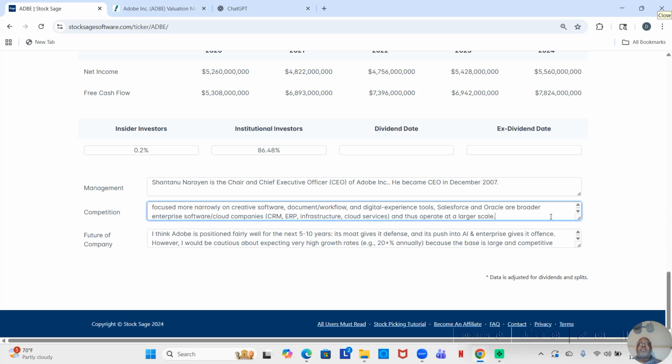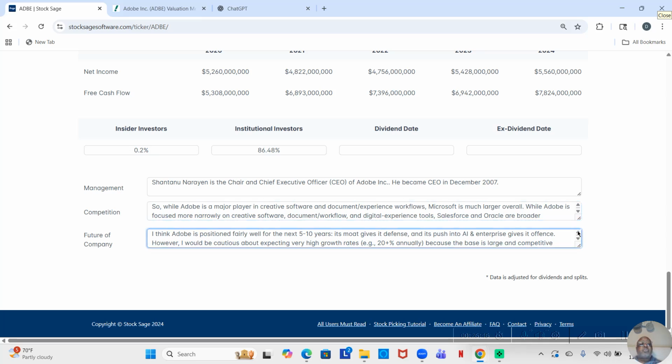Because when you're researching these companies, you want to know what other companies are in their industry and sector and which ones are the top ranked in terms of competition. Are you getting the top ranked one, the second, the third? Well, in this case, Adobe falls into a number of different industries. That's why we have a few different names, like Salesforce, Oracle, Microsoft.